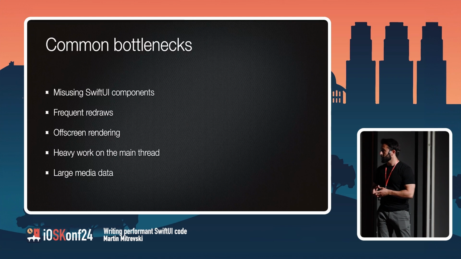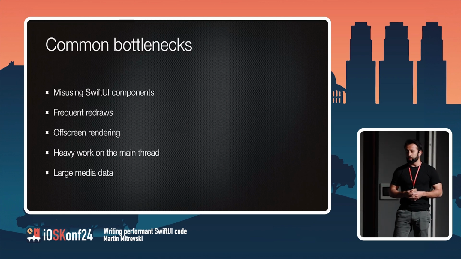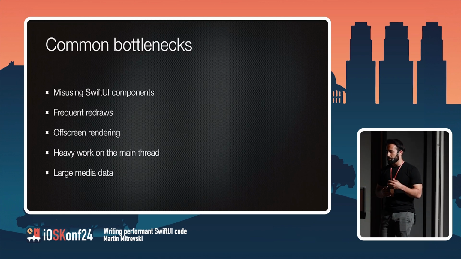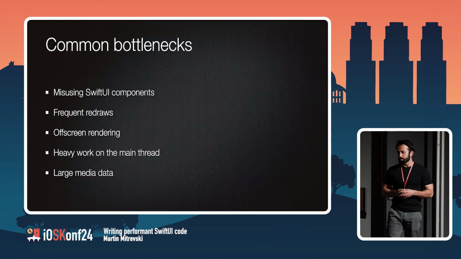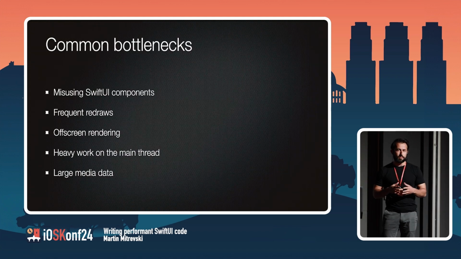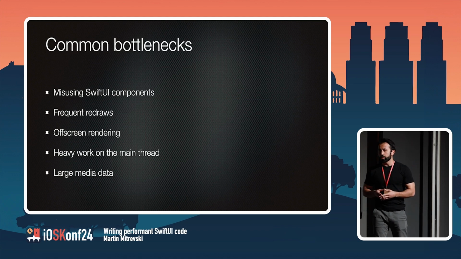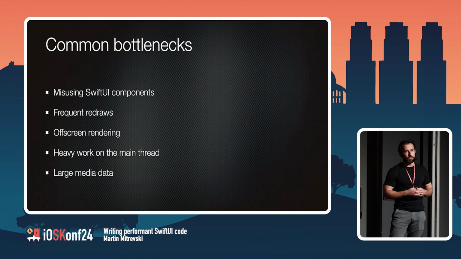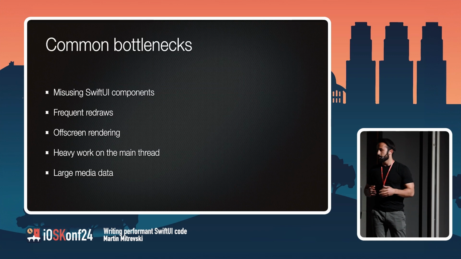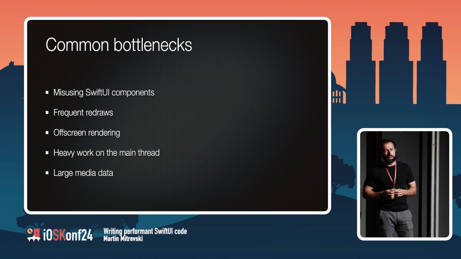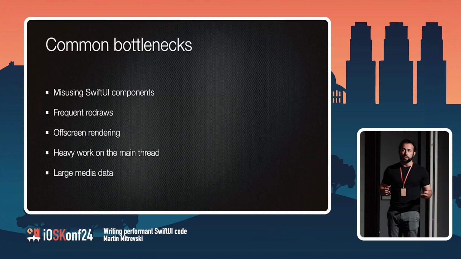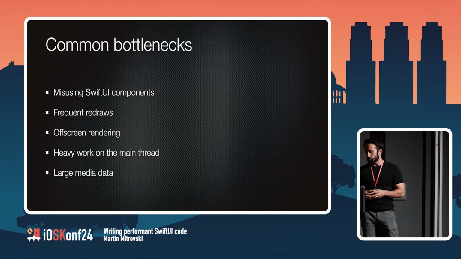So there are many things. Nikita already shared some of them. I've tried to summarize them in at least 5. There are also more, but in general, the more common ones are misusing the SwiftUI components, causing frequent redraws, having things like off-screen rendering, heavy work on the main thread, and for example, using some large files in your apps, and things like this can cause performance issues.